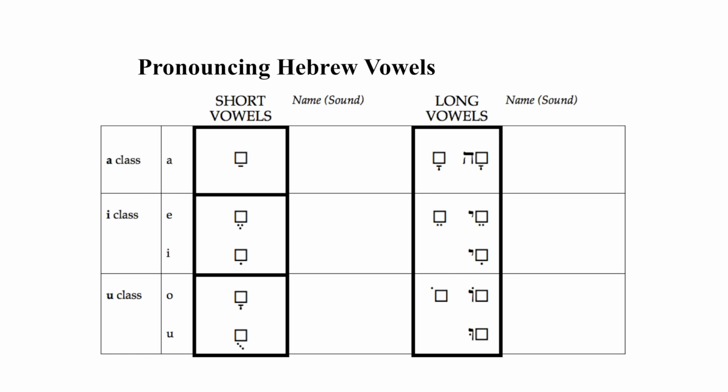So, as you can see from the diagram here on this page, there are 10 vowels, roughly equivalent to some of our English pronunciations, but in some cases you're going to have to make sure that you transition to more of a European sound. As we go through the vowels, it will be helpful to classify them as A class, I class, and U class.